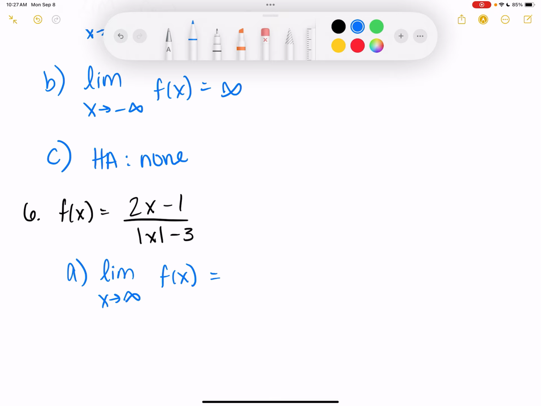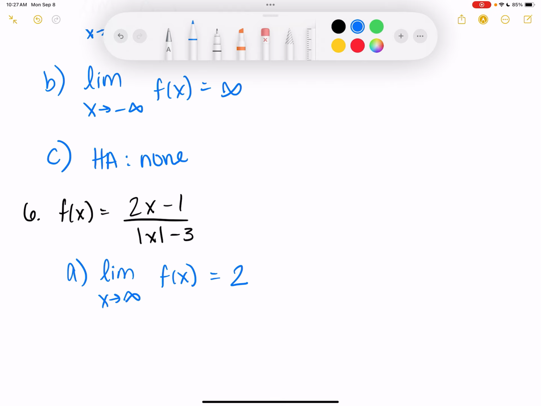So I essentially have 2x over x, and I'm finding what happens. So this is one where the x's top and bottom would cancel, because if I have 2 times 500 divided by 500, the 500s are going away. So this is going to be equal to 2. So this is one that's not at 0 or infinity, but we're going to end up finding that it is at one of the horizontal asymptotes.